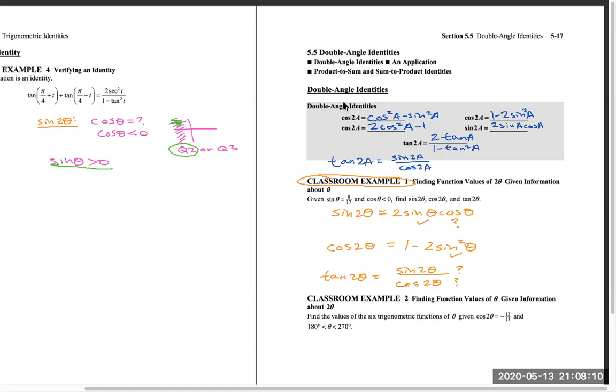Okay, so now we're going to use a Pythagorean identity here. We're looking for cosine theta. So cosine squared theta equals 1 minus sine squared theta. Square root both sides, don't forget your plus minus.